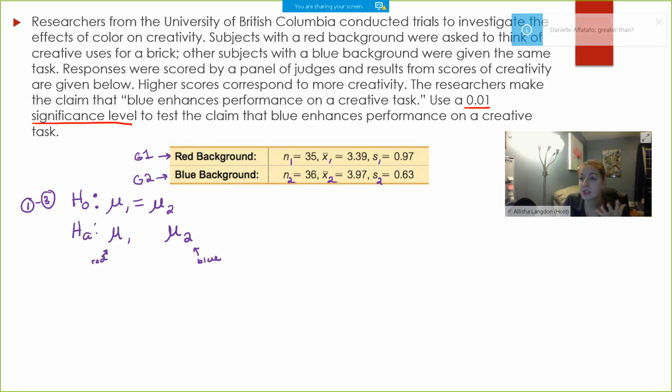If we go back to our claim, the claim is that blue enhances performance, meaning that higher scores correspond to more creativity. So that means that blue needs to have that higher value. So we are going to do less than, because blue needs to be greater than.